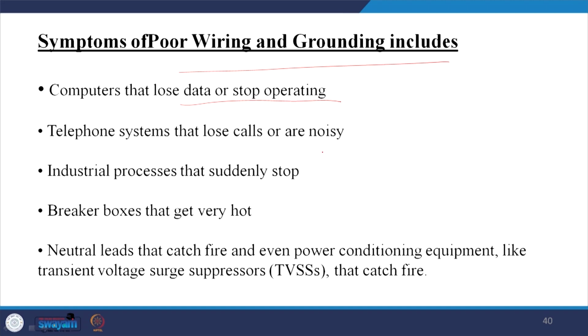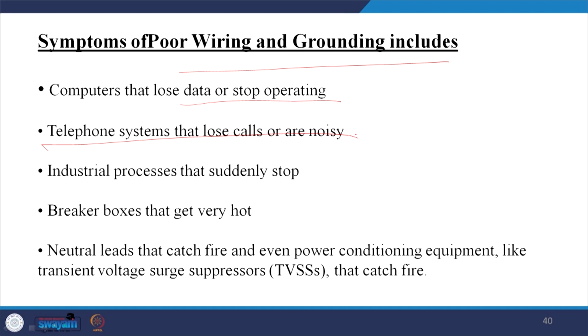If you are not able to take out the heat by your fans, then of course the longevity of your computer will suffer. Telephone systems that lose calls or are noisy, that you have noticed several times.